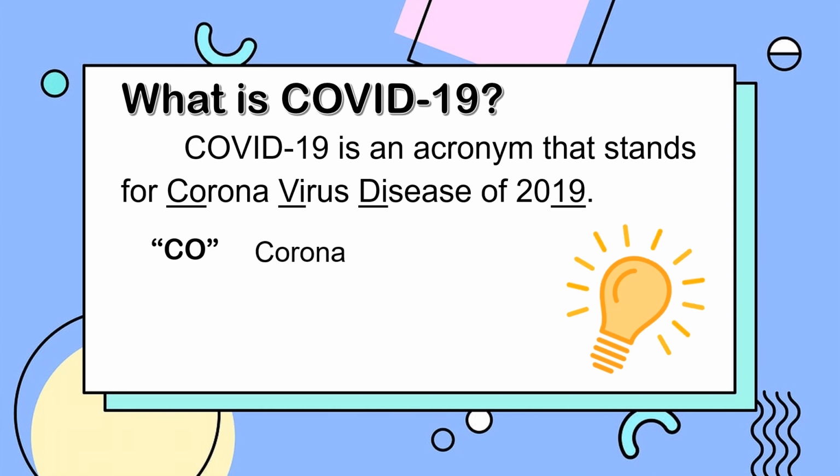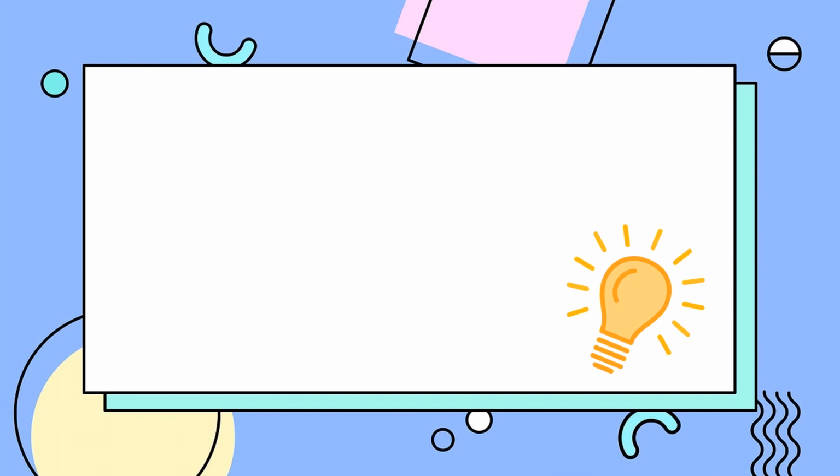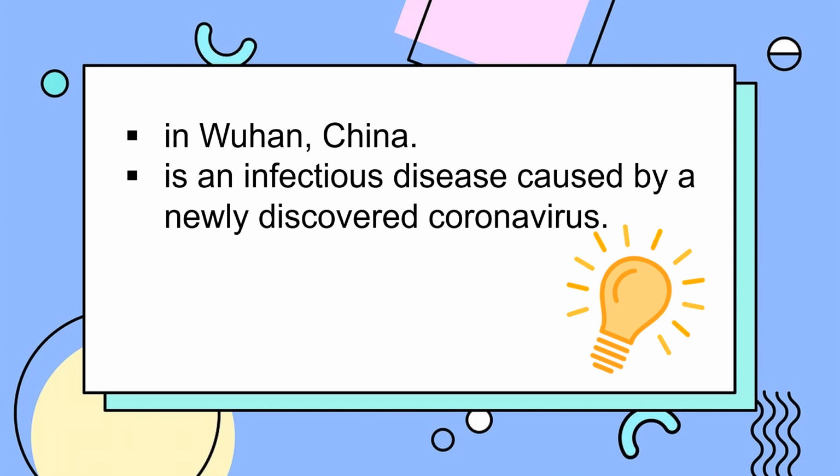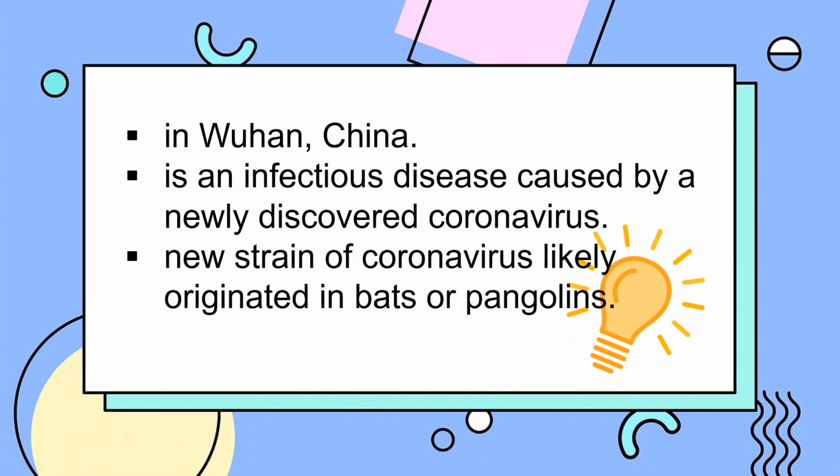CO stands for Corona, VI stands for Virus, and D for Disease, 2019. And the first case was found in Wuhan, China. COVID-19 is an infectious disease caused by a newly discovered coronavirus. It is a new strain of coronavirus likely originated in bats or pangolins.